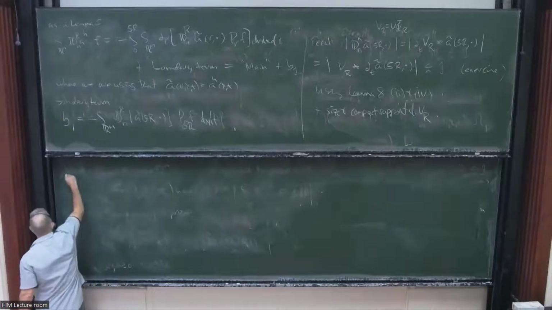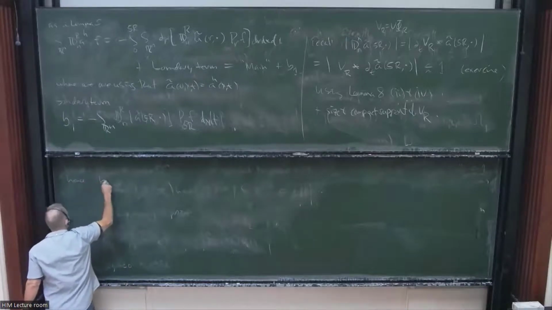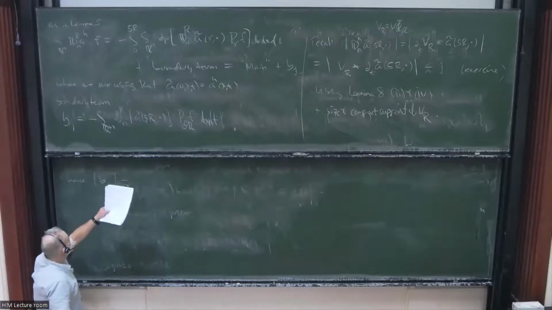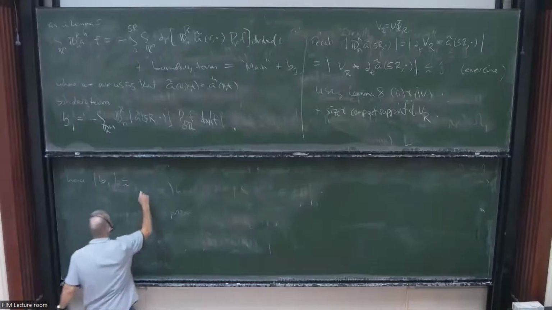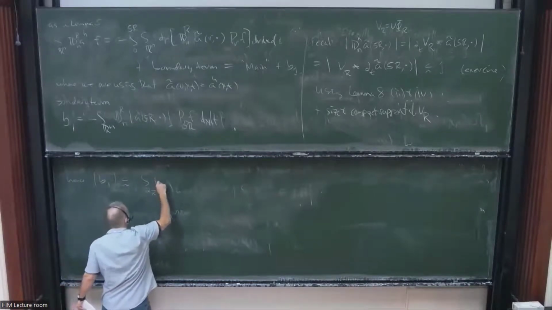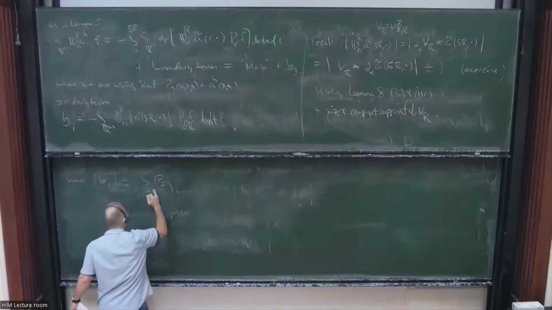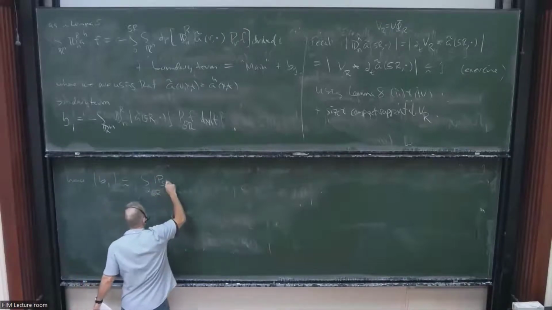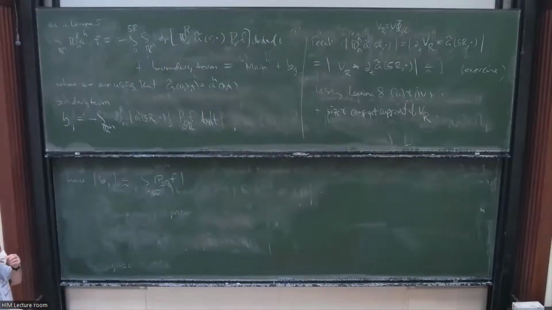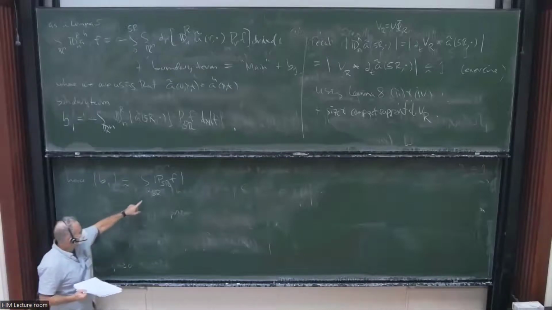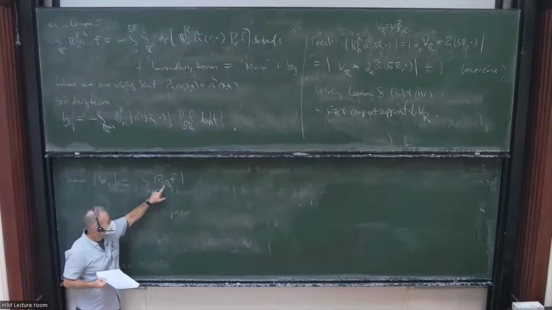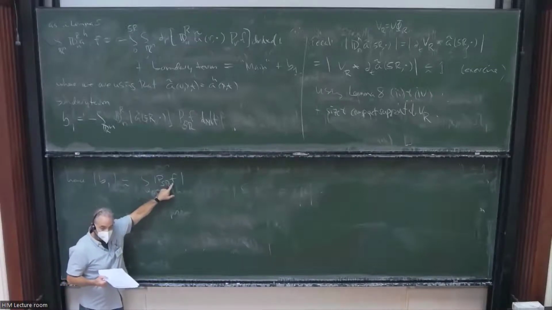So hence B1 in absolute value is controlled by just the L1 norm of P5R of F. And notice that's supported in the cube Q6R, say, because F itself was supported in QR.